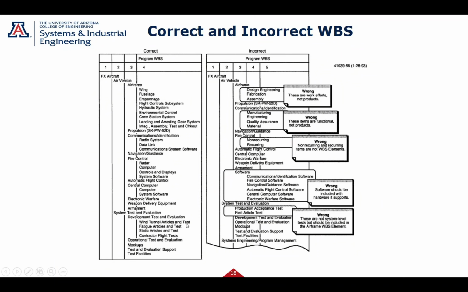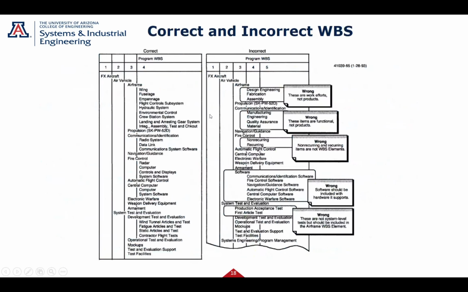I want the test for the whole system to be under system. So you have to break out the tests and the first article inspections and things like that with the product they're supposed to be with. But generally speaking, at the end, you will have tests for your whole product as it's integrated. So try to put things where they go.